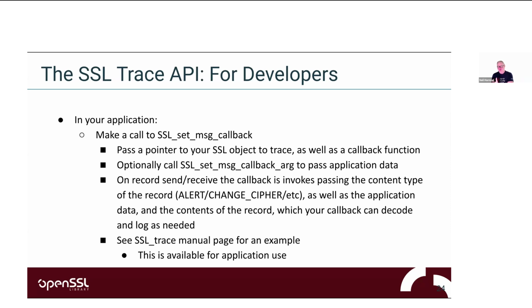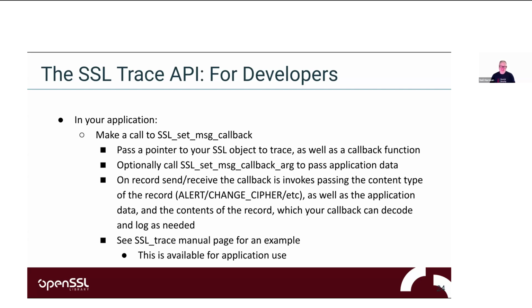Once that's done, on record send or receive, the callback is invoked, passing the content type of the record, i.e. alert, change cipher, the whole suite of TLS message or record types that are available, as well as the application data and the contents of the record. Your callback is then free to decode and log as needed.